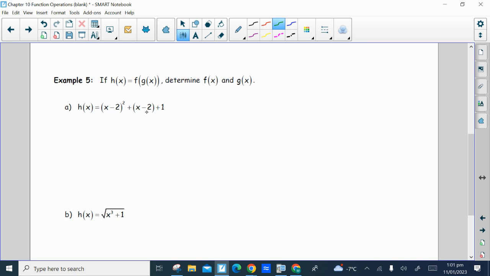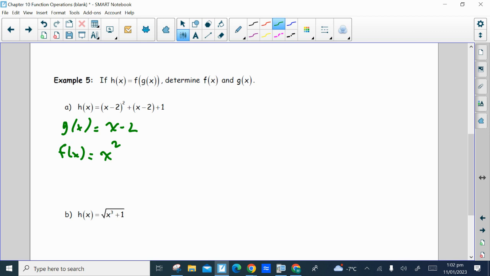So because we see two terms that involve the x minus 2, I'm going to say that g at x is x minus 2, and it was embedded into f at x, which means wherever we had the variable in f, we replace it with x minus 2. So there was a variable in f that was replaced with x minus 2.